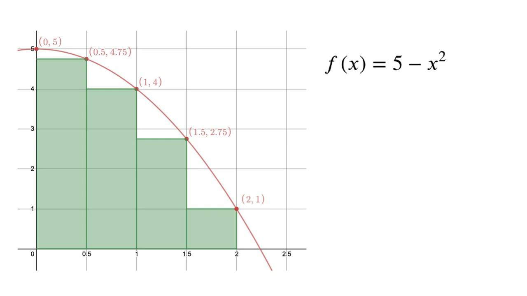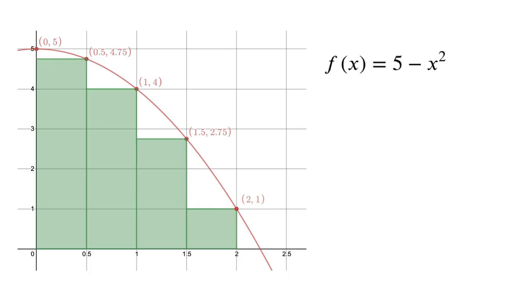So you'll see I took from 0 to 2 and divided it into my 4 rectangles in this picture, cutting it in half at 1, cutting it in half at 0.5, and then at 1.5. And I've drawn my rectangles to the right. You'll see that I used the right point to draw a rectangle across, and the next right point and drew a rectangle across, and so on and so forth.